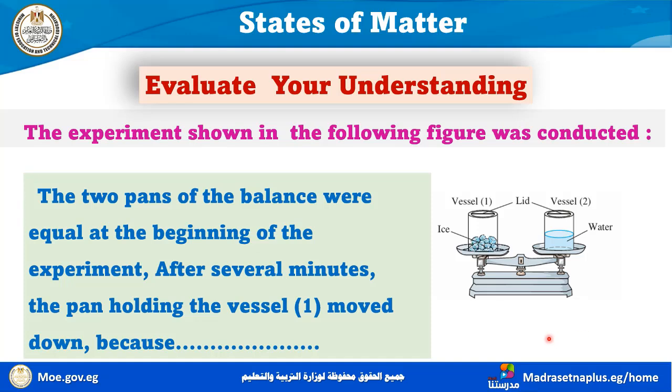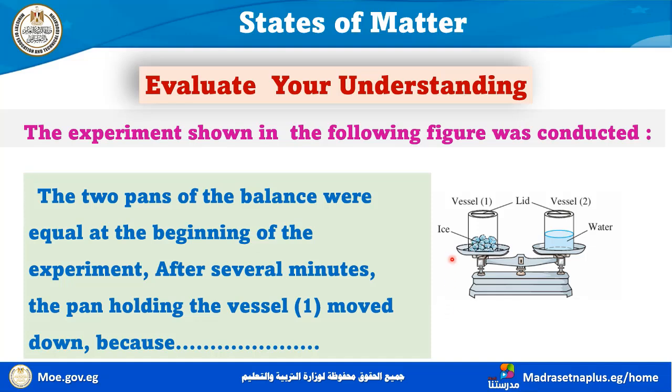So let's explain together. At the first part of the experiment, we put the same mass of the two beakers, the water equal to the ice in their masses. After some minutes, the pan that holds the ice vessel moved down.